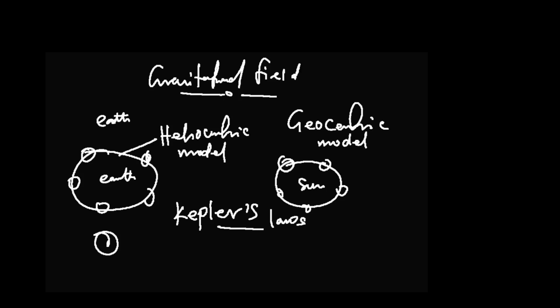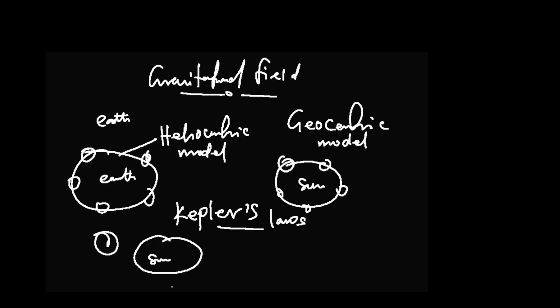What is this law stating? This first law supports the geocentric model. It is true that the sun is at the center of the universe. But for other planets to have it as one focus, it means it's closer to some planets than others.